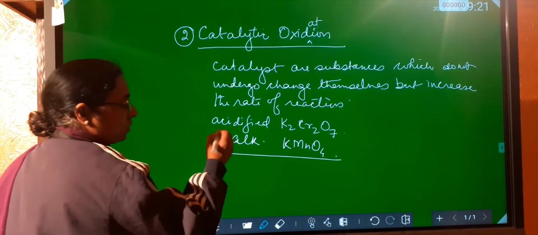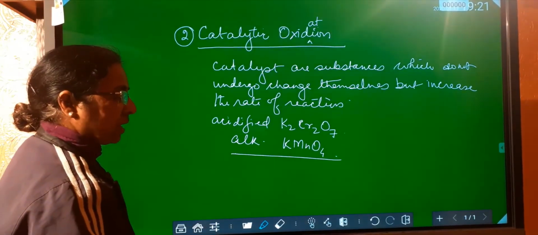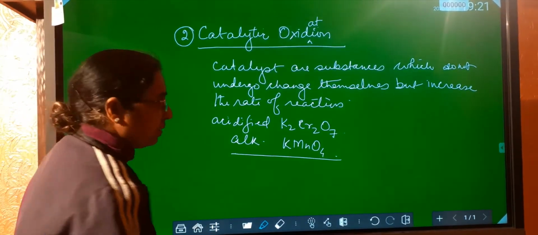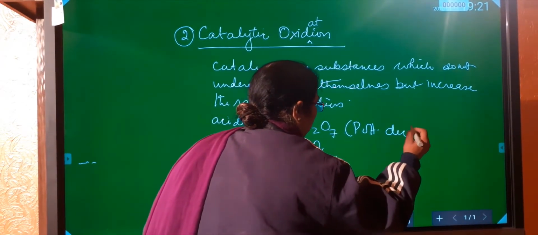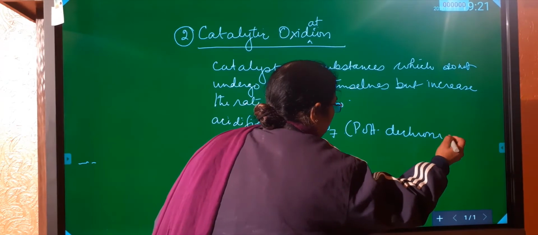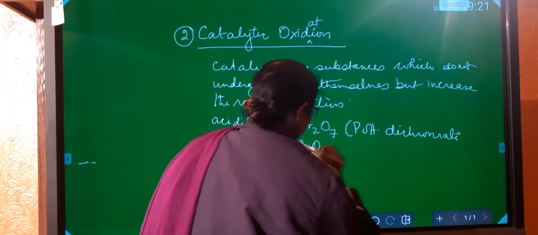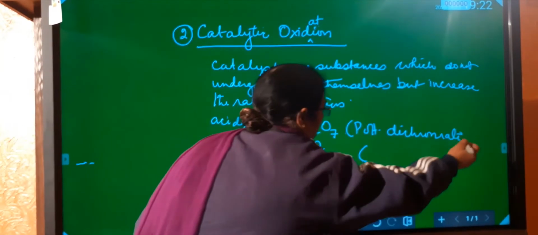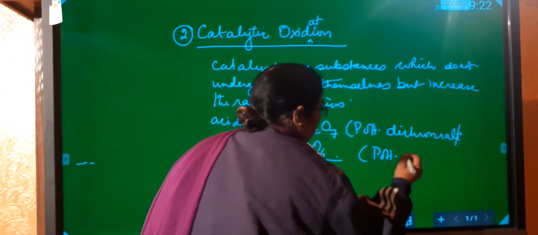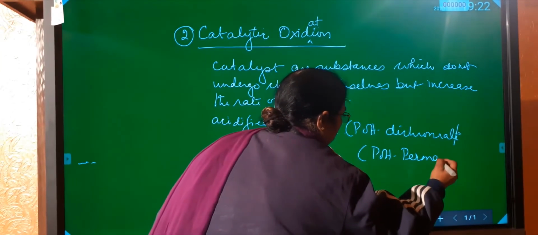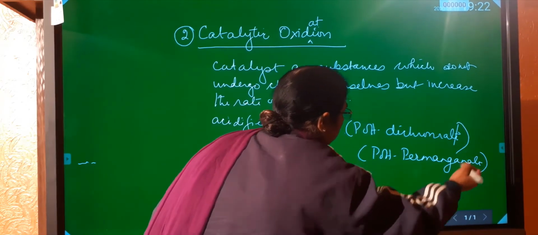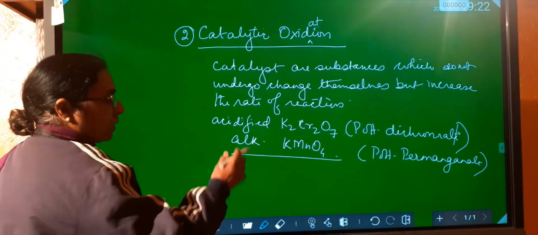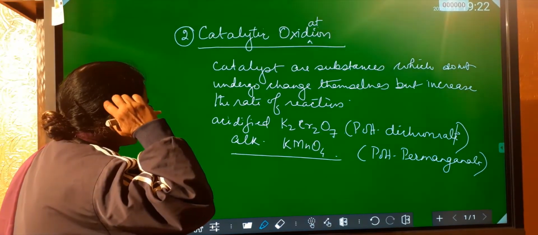Two catalysts we will be using. We can use either acidified K2Cr2O7, which is known as potassium dichromate, or alkaline KMnO4, which is known as potassium permanganate. Alright, so with any of these two catalysts, what will happen?